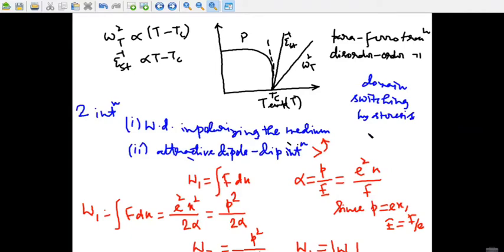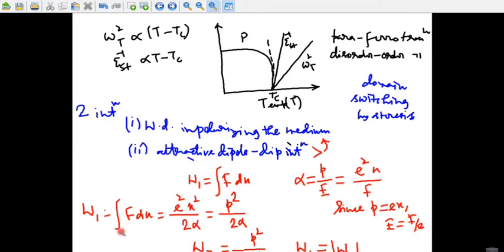Then the polarizability is given by alpha equals P upon E, where P is the dipole moment, equal to e times x, and E is simply force per unit charge.